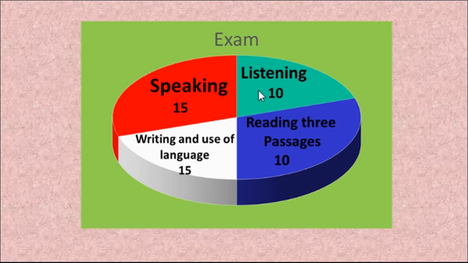Of course, you finished listening and speaking, and on the exam paper you will answer the reading questions and writing questions. So you will have 2 parts on the exam paper, reading part and writing part.